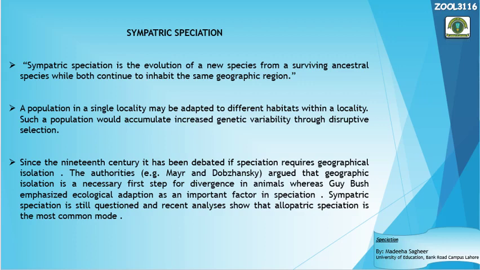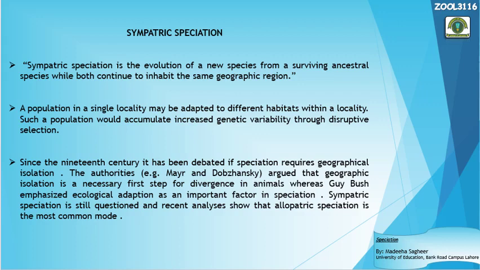In sympatric speciation, speciation takes place within the population of the species that is localized in the same area. There is no geographical separation, no physical barrier between the populations. But being present in the same geographical area, they are subjected to reproductive isolation.